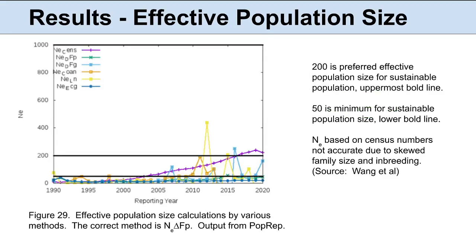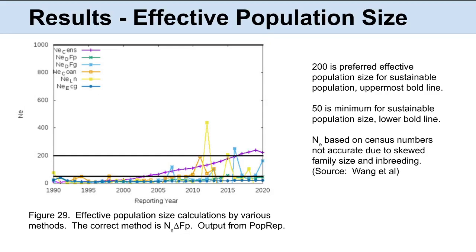And this is just a visualization of those various effective population size methods over the last 40 years in our breed. And the one that you want to be looking for is the delta FP, which is green.